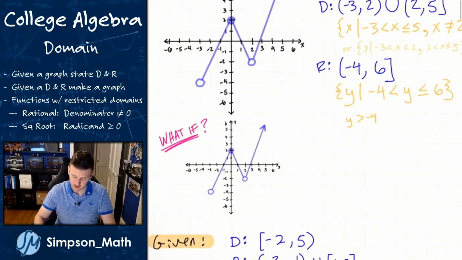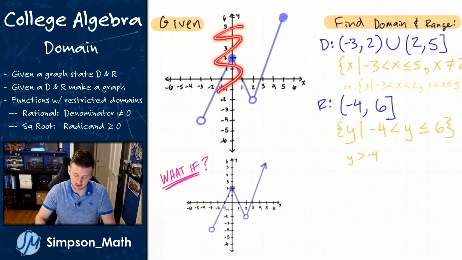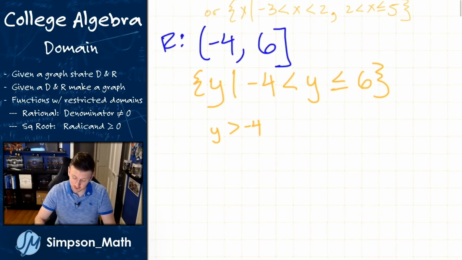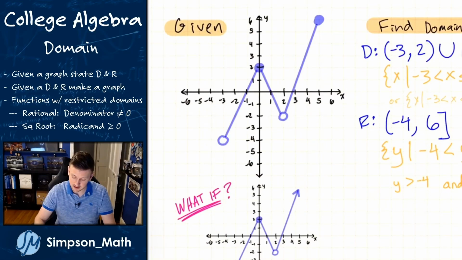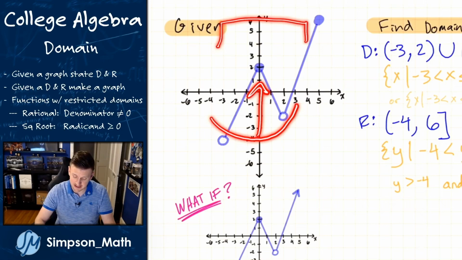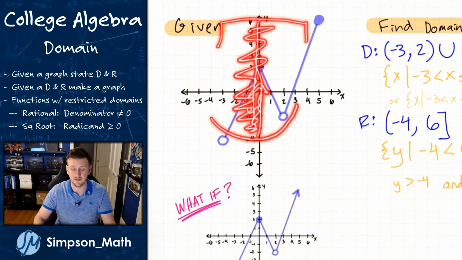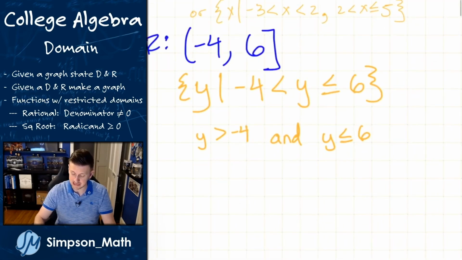Over here, do you agree that I have y values that are greater than -4? Yep. But it doesn't go all the way up, so we're going to use the word and. Both statements have to be true. And y is less than or equal to 6. Over here, is it true that I have y's that are less than or equal to 6? Yep. So with these two statements, I'm saying y has to be bigger than -4, but not touching it, and less than or equal to 6. I'm only going to be dealing with those in the intersection of those two spaces. And that's what this and says.